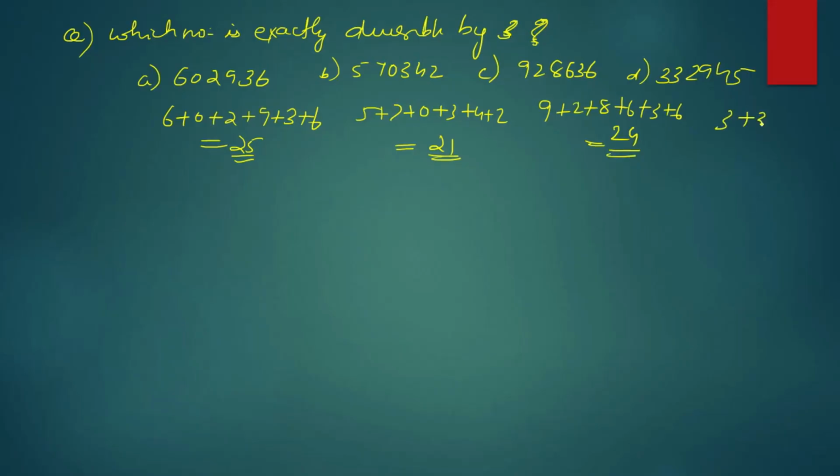Here 3 plus 3 plus 2 plus 9 plus 4 plus 5, you get 26. So the question is which number is exactly divisible by 3.